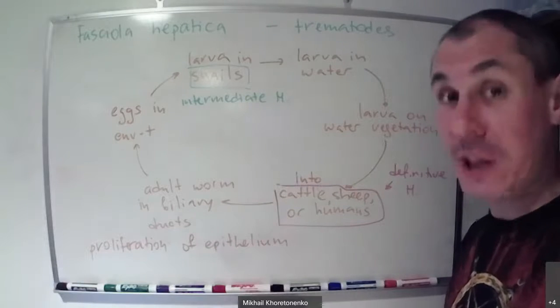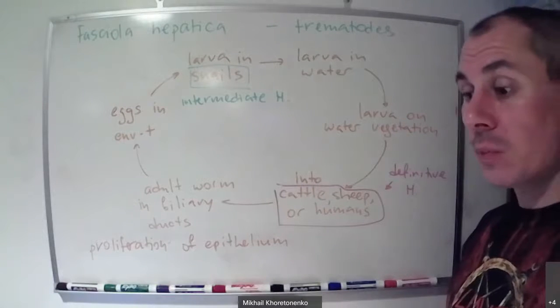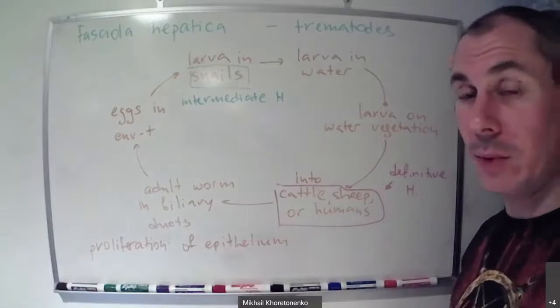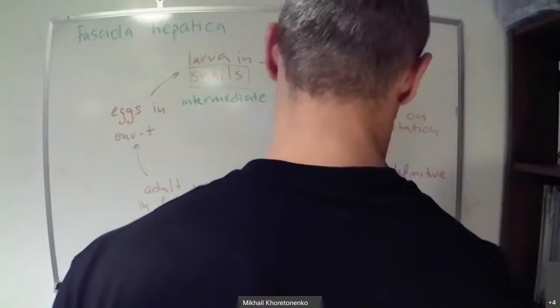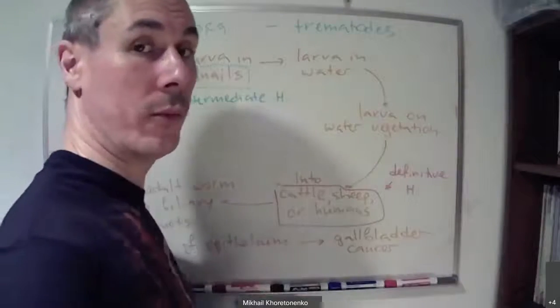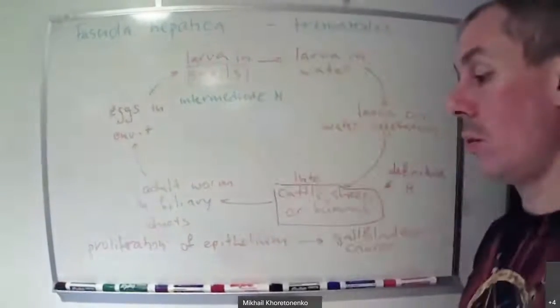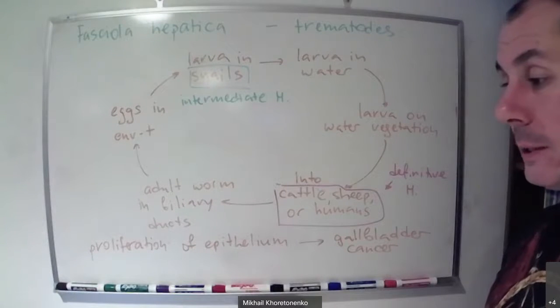Uncontrolled, because it feeds on it. It basically farms the epithelial cells. Uncontrolled division of epithelial cells and accumulation of mutations in these cells will eventually lead to gallbladder cancer, basically a gallbladder carcinoma. This complication of liver fluke is very well known, and untreated fasciolosis almost ultimately leads to gallbladder cancer. Does that make sense?